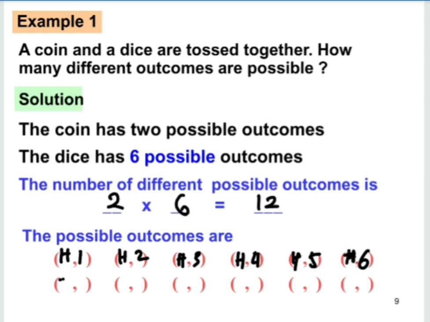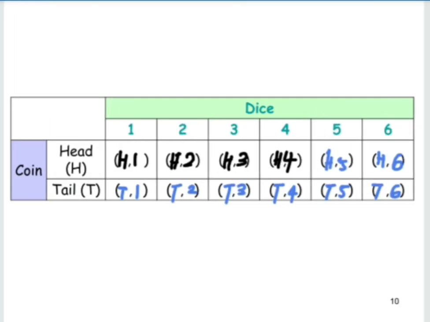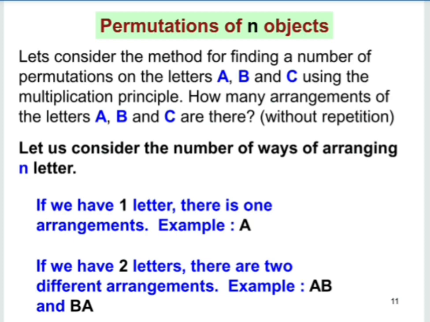And we can also have tail and 1, tail and 2, tail and 3, tail and 4, tail and 5, and also tail and 6. So that's how we list the outcomes. Or we can also use this way: we can build a table like this to see the outcomes when we toss the dice and coin together.